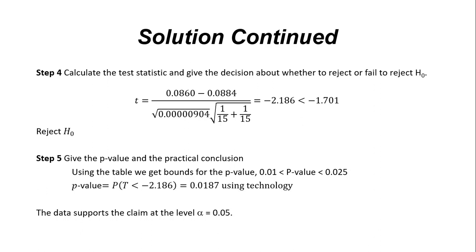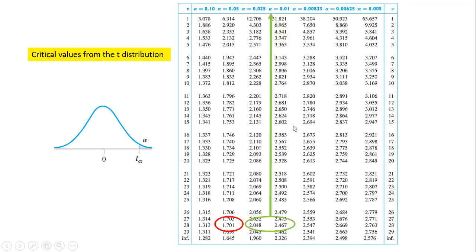The p-value, okay, if we must use the table, for example, in testing situations, if you need to come up with an estimate for the p-value, what we have to do is keep in mind minus 2.186 and go to the table.